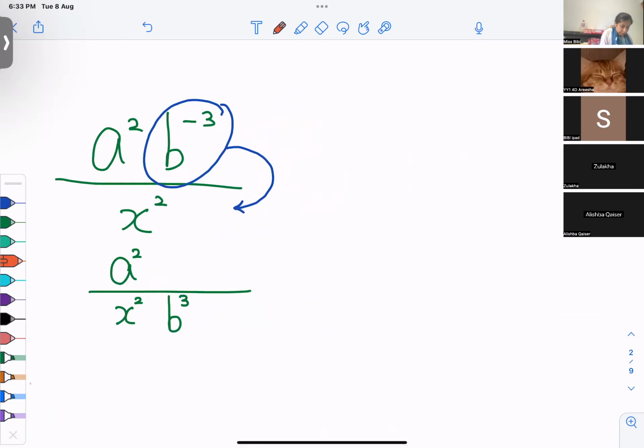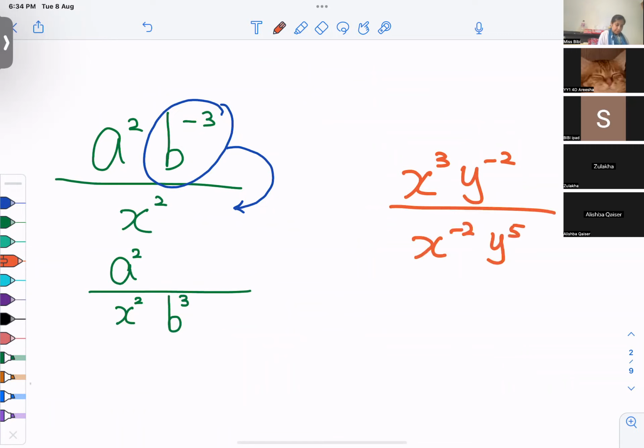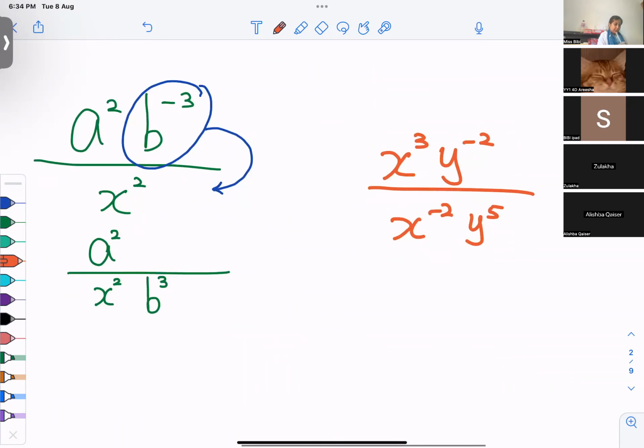Now, can you try x3, y -2, x -2, y 5? Try this orange one.